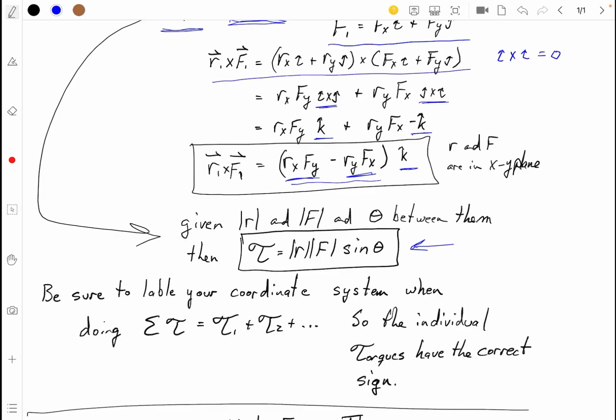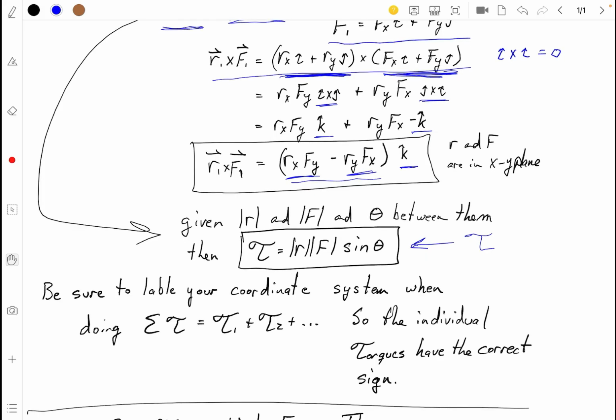So you can figure out what R is: you square Rx and you square Ry and take the square root after adding them together. Pythagorean theorem, that tells you what your magnitude is. You can get the magnitude of this. You can figure out their angle between each other, and therefore you can always figure out what this torque is. So one way or the other, you can skin that cat. Oh gosh, don't skin any cats.